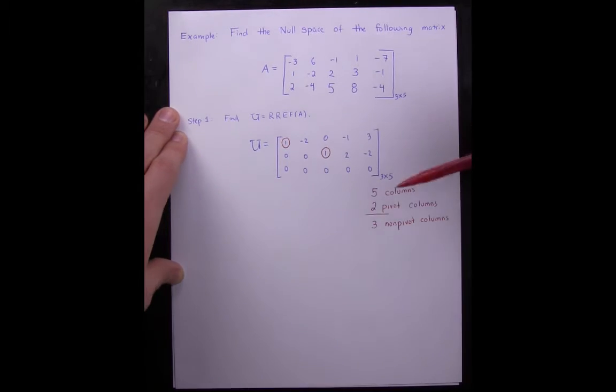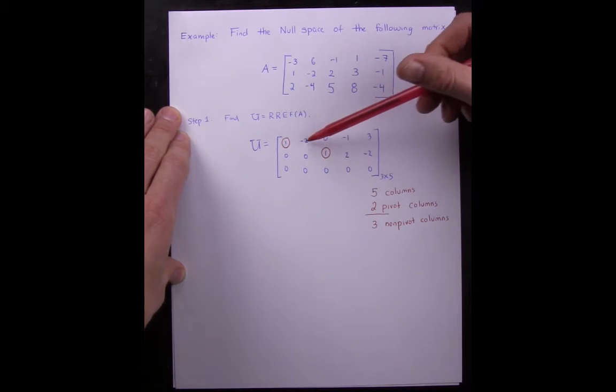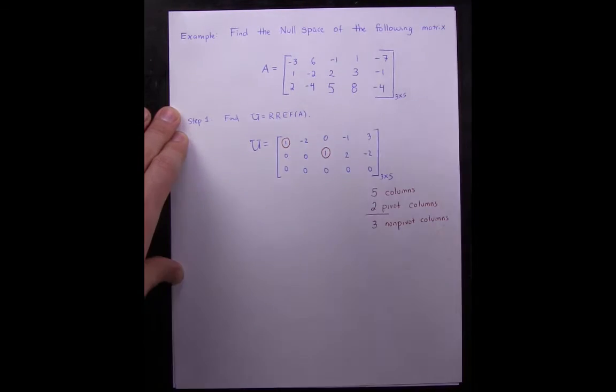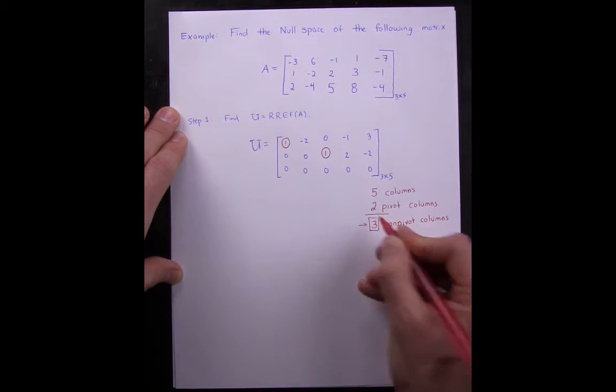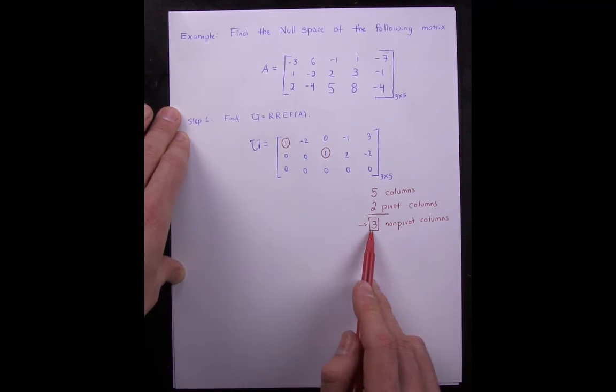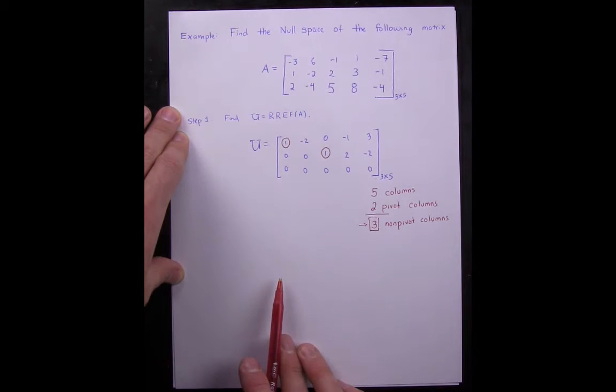And this is because the total number of columns is equal to the number of pivots plus the number of non-pivots. The number 3 is special here because this is the number of linearly independent vectors that we want to produce to span our null space.